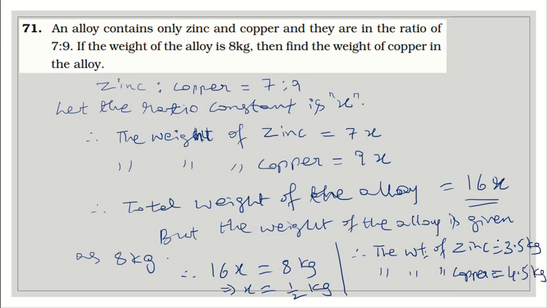This is how we can find. And they asked for the weight of the copper exclusively. So the weight of copper is 4.5 kg. Okay, this is the right answer. Now, moving on to question number 72.